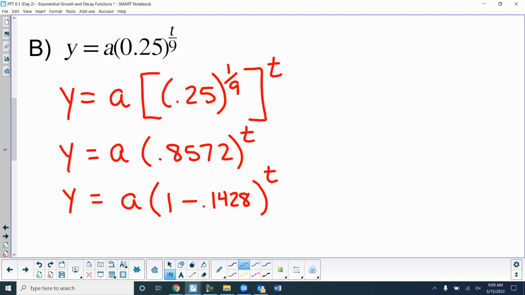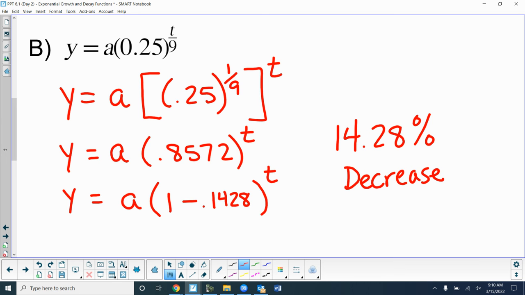All right, so what's the rate of decrease? 14.28%. Right? Okay.